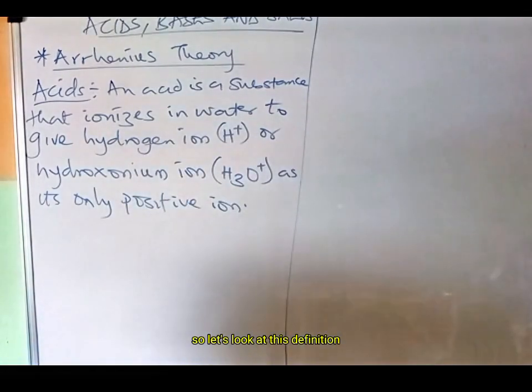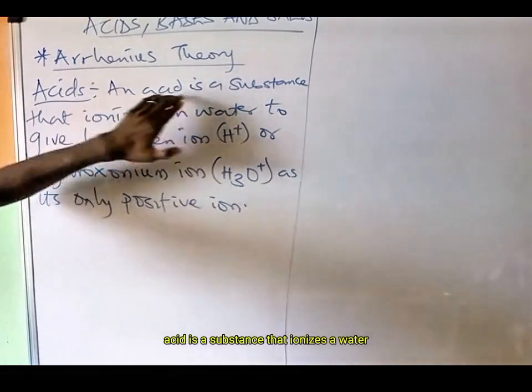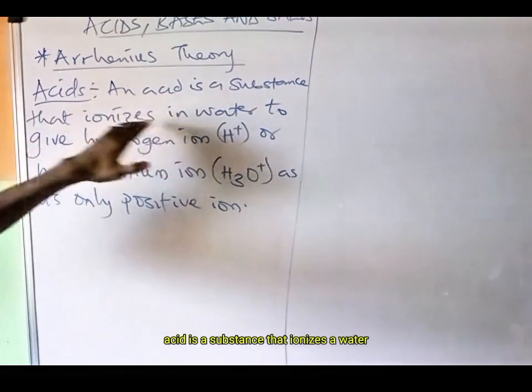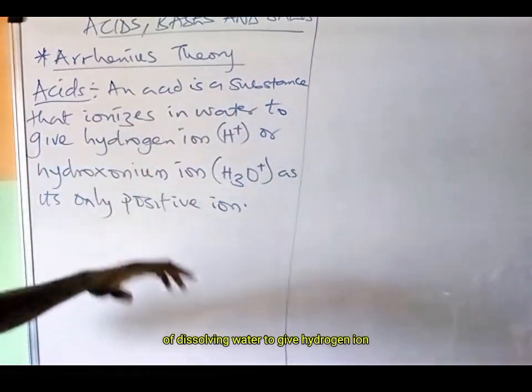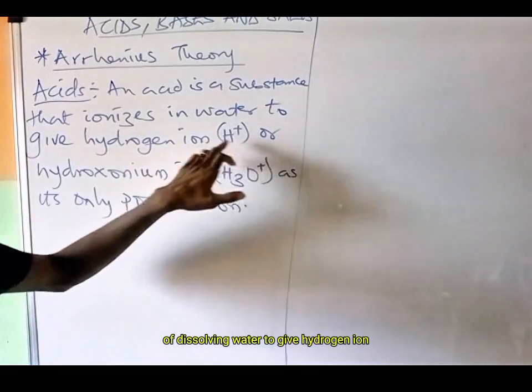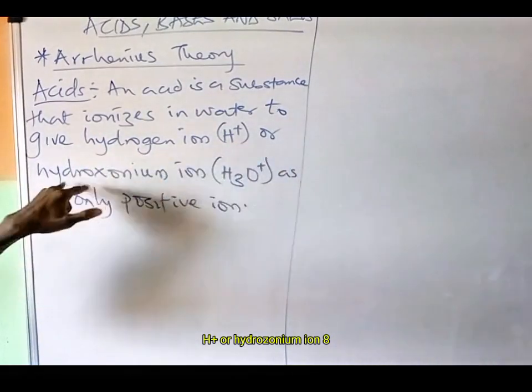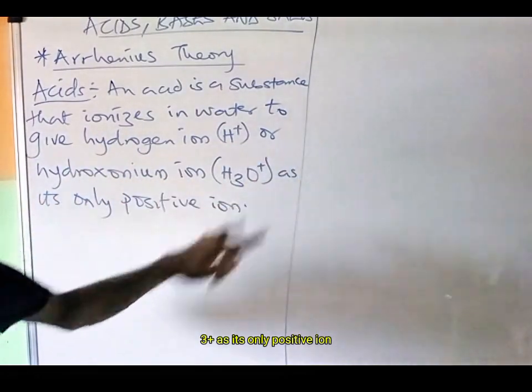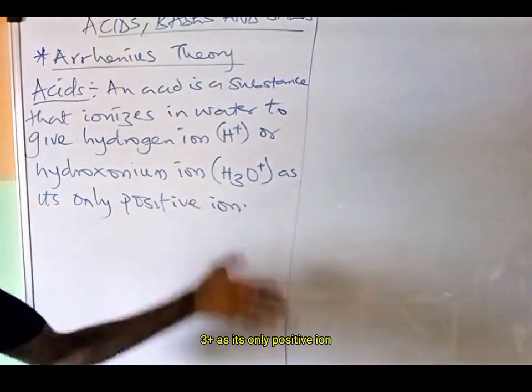So let us look at this definition. An acid is a substance that ionizes in water or dissolves in water to give hydrogen ion H+ or hydronium ion H3O+ as its only positive ion.